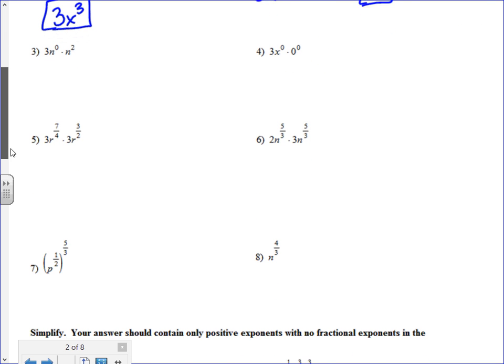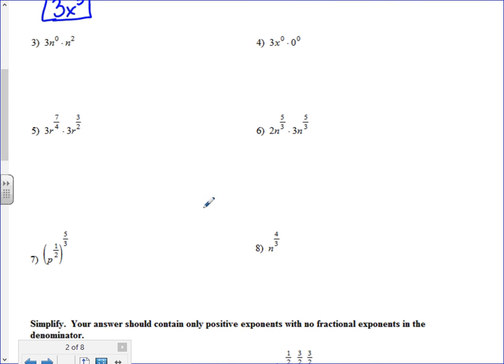So that's what you do when the exponent is 0. What do you do if the exponent is a fraction? Well, if you heard what I said to Delarante, you treat the exponent like any old exponent. This is a multiplication problem, and we know that in a multiplication problem you need to add the exponents. So first we'll do 3 times 3, which is 9.